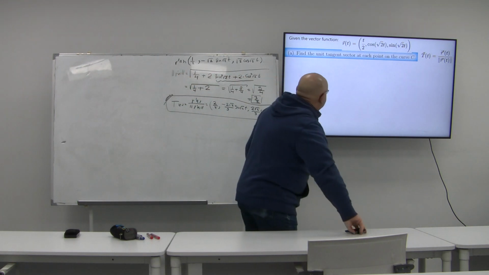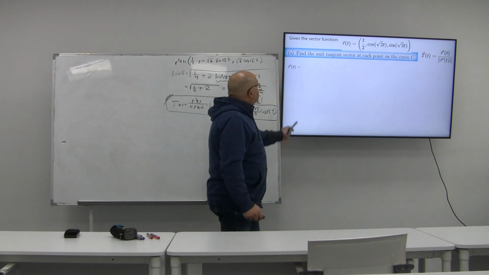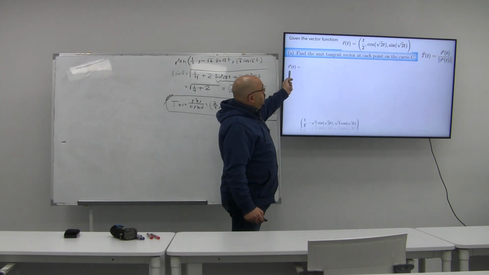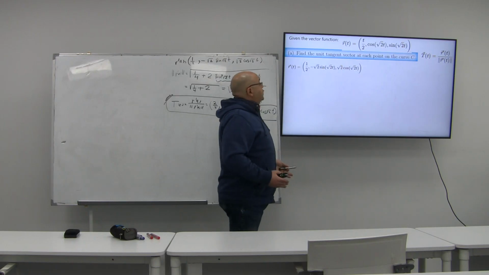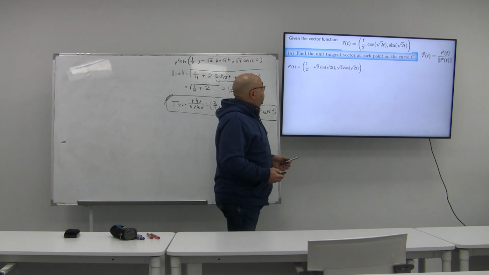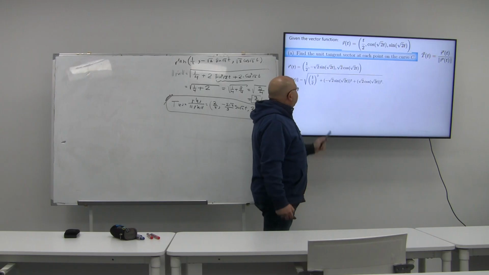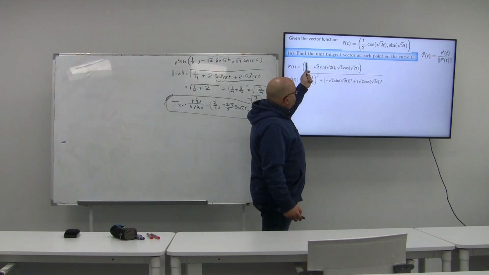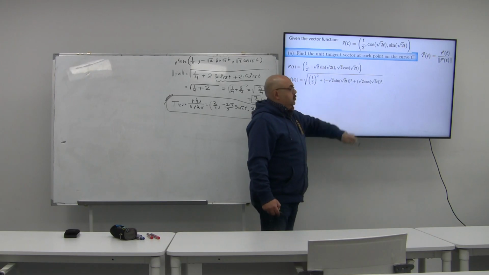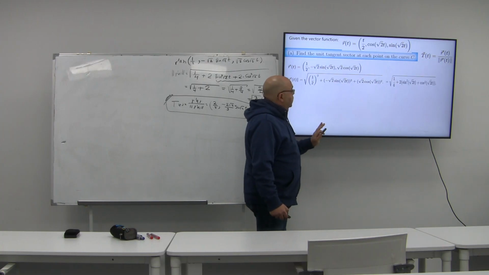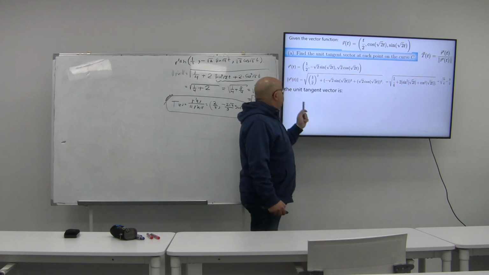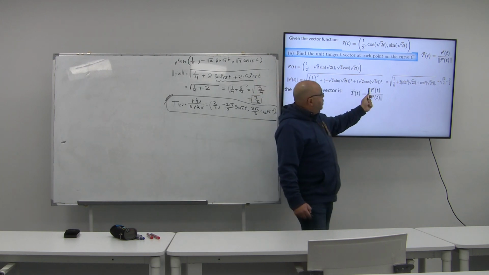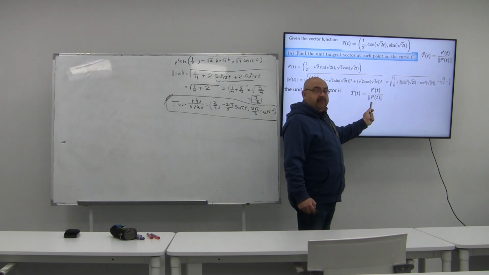Once more, this is rho dash or r dash, which is simply the derivative of this function, with each component of the vector differentiated. The second step is to find the magnitude, so each one of them is squared, as you can see. The last step is to divide. Of course, we simplify in order to get 3 over 2. Then I get the unit tangent, which is r dash over the magnitude of r dash of t.